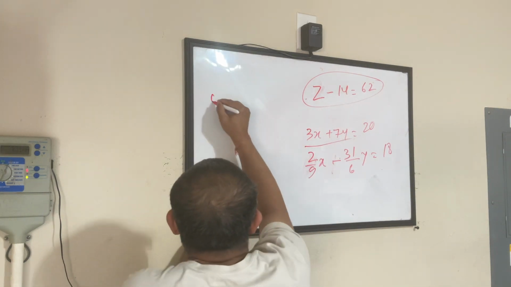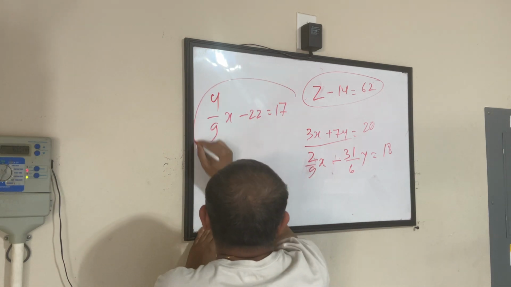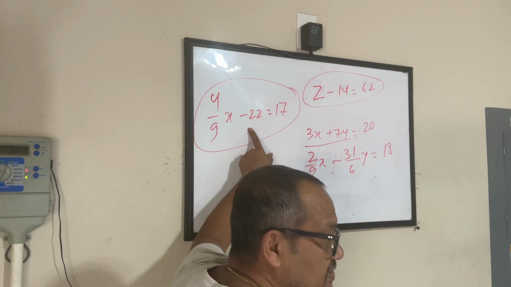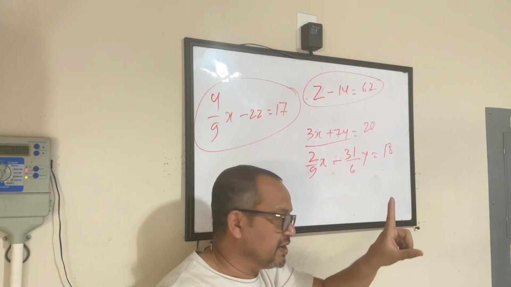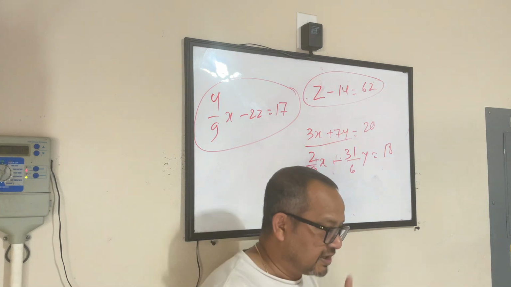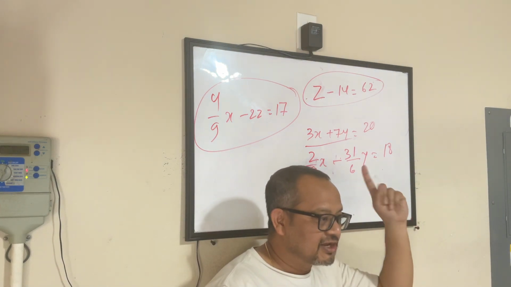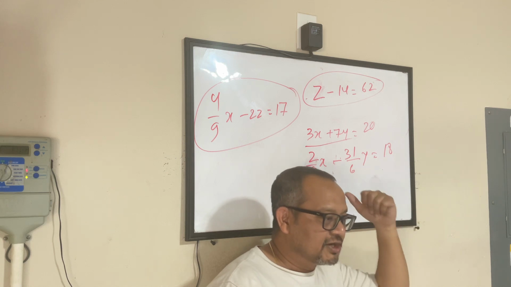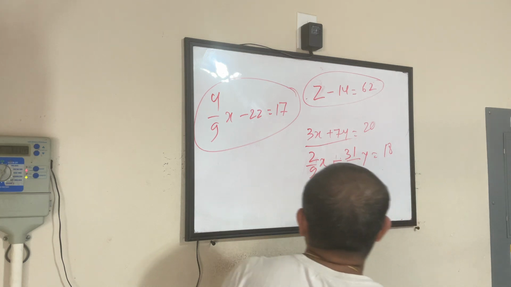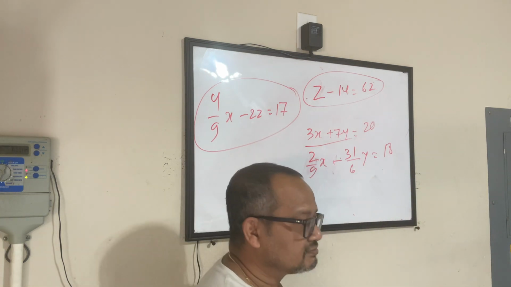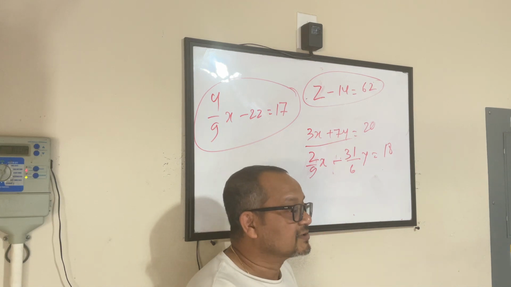Even if I had 4 by 9x minus 22 equal to 17, I was self-sufficient to solve it with one equation. One variable, one equation is the best situation to be in if I want to solve for the variable. Correct? Can we record, register, memorize, get it glued in our brains for now?